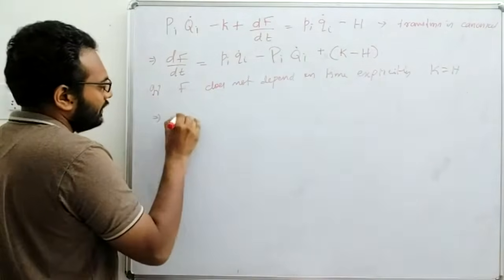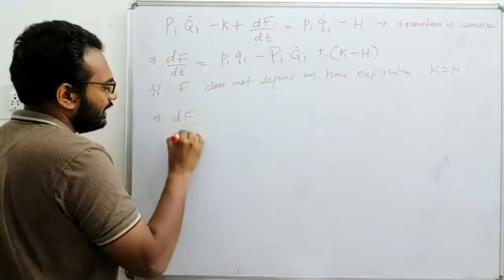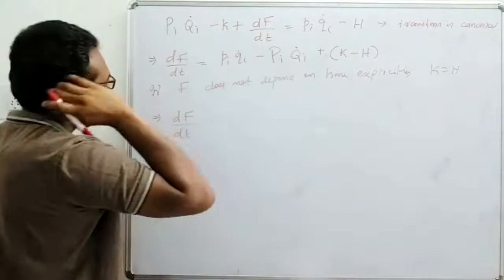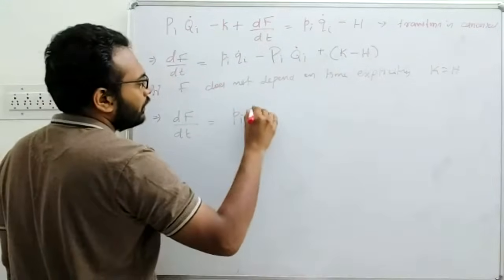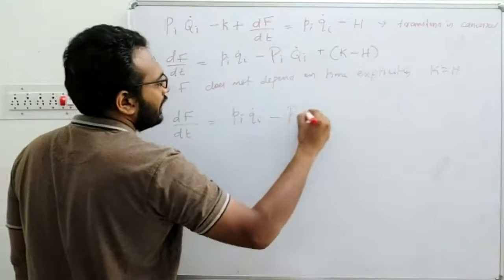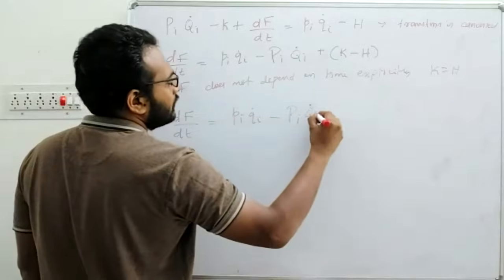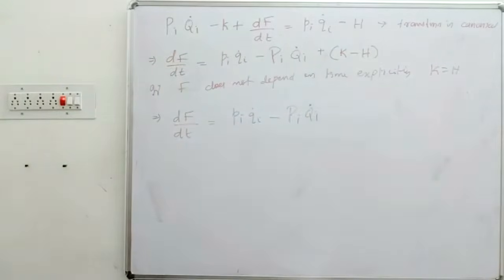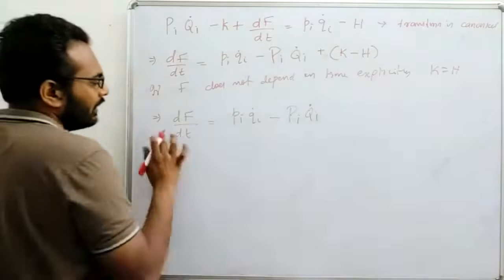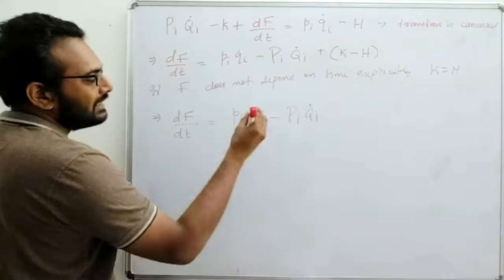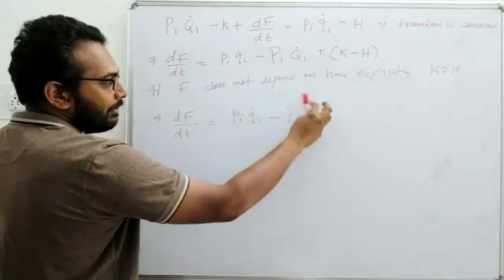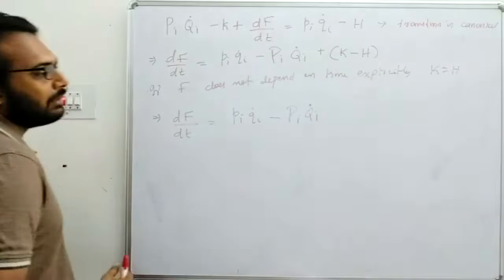So this implies dF by dt. If it does not depend explicitly on time, then we can simply say that pi qi dot minus Pi Qi dot, because K is equal to H if the function does not explicitly depend on time. Now you can multiply throughout by dt, because qi dot is dqi by dt and capital Qi dot is dQi by dt.